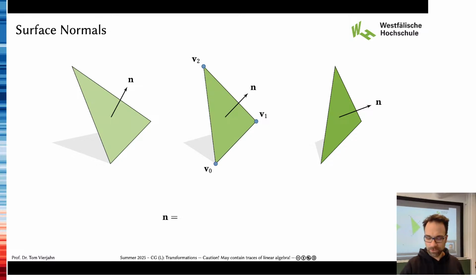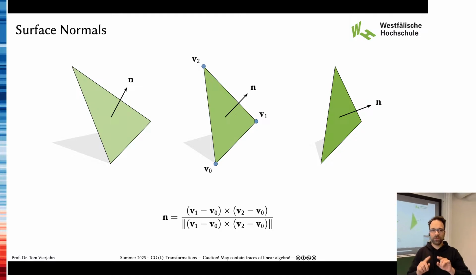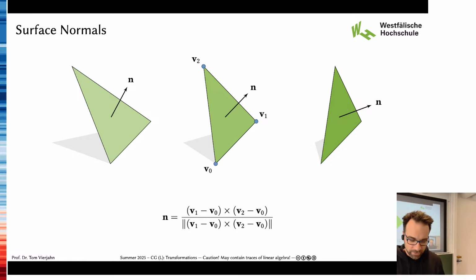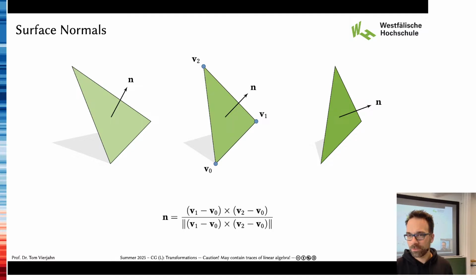Just throw the cube to the back, please. So you need to compute a cross product of 2 vectors in the plane. And since you only have information about V0, V1, and V2, the 3 vertices of the triangle, you need to create those vectors in the plane from the differences between 2 vertices.